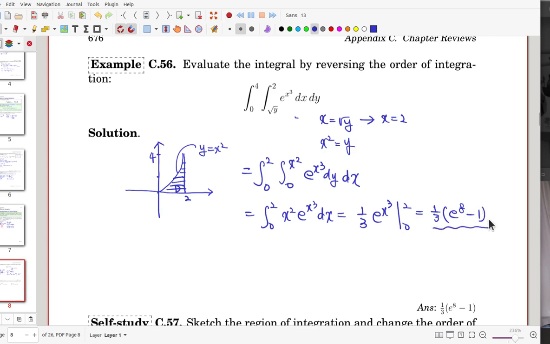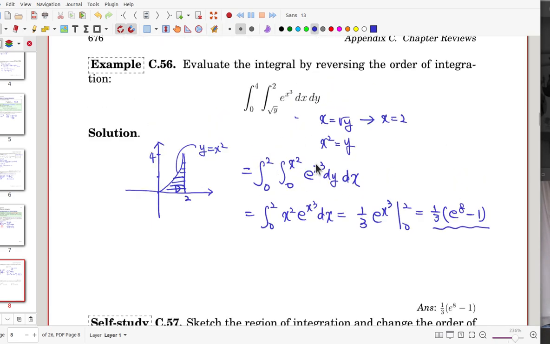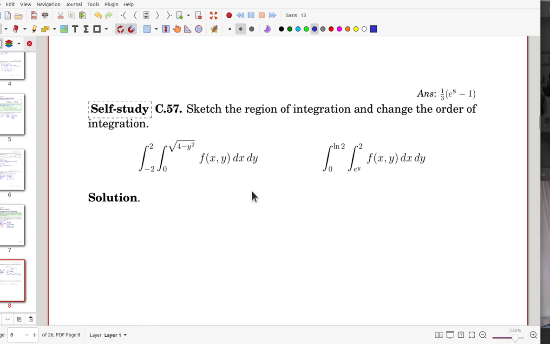So we can get this answer, okay? So sometimes we have to reverse the order of integration, and with that we can solve the problem. This problem is not easy to get with this order, but after changing the order, you can get it.